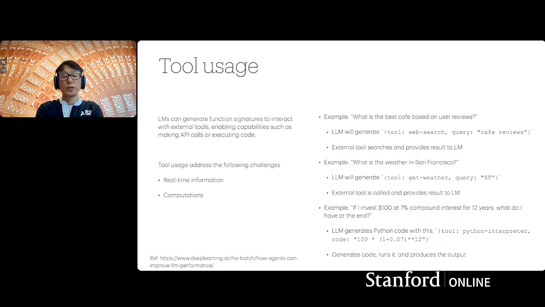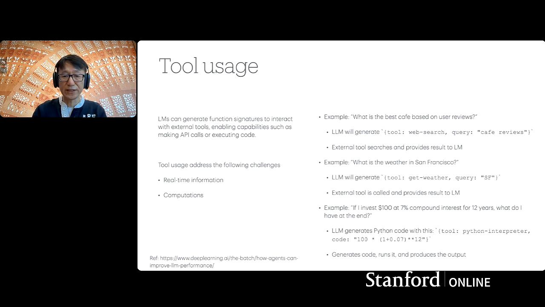So let's look at an example here. If you have an AI chatbot and you ask what is the weather in, say, San Francisco, the model will not know it by itself. However, if you tell the model previously, as part of the prompt, that if you're asked a weather-related question, generate an output in a form that the software parsing the output can use to make an API call.